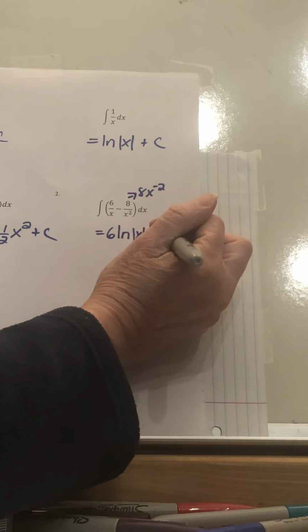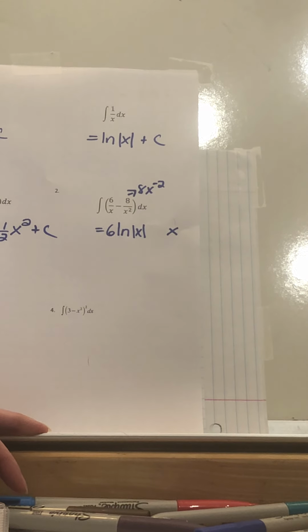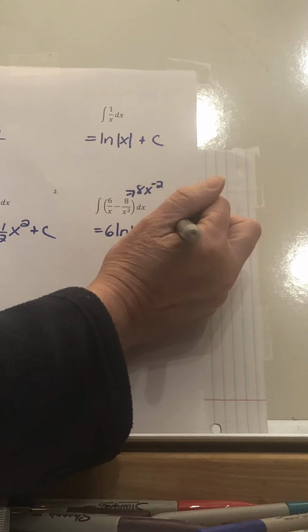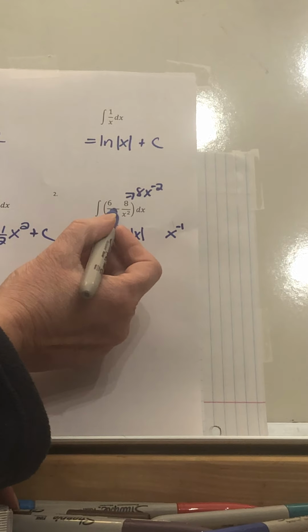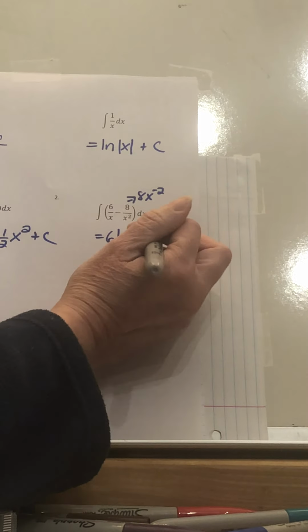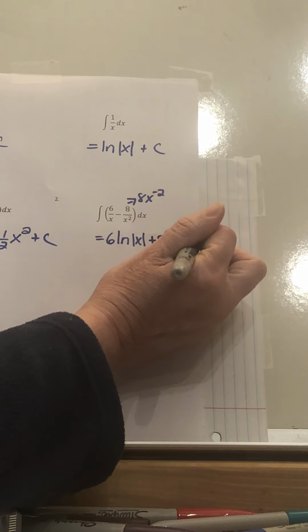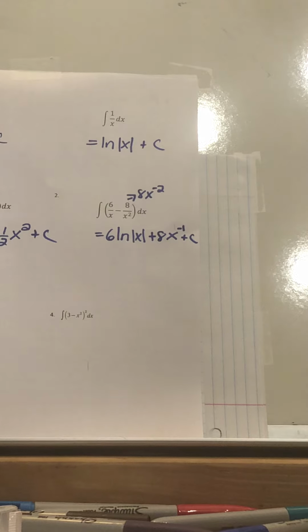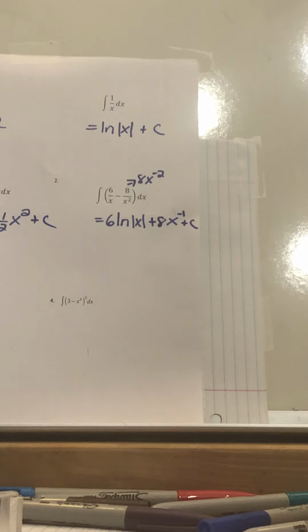So I'm going to leave a space in the front and say if I increase my power by 1, it's going to go from an x to the negative 2 to an x to the negative 1. Then I have minus 8 in front. If I divide by the negative 1, it becomes plus 8 in the front, plus c at the very end. And that is my antiderivative for that one.